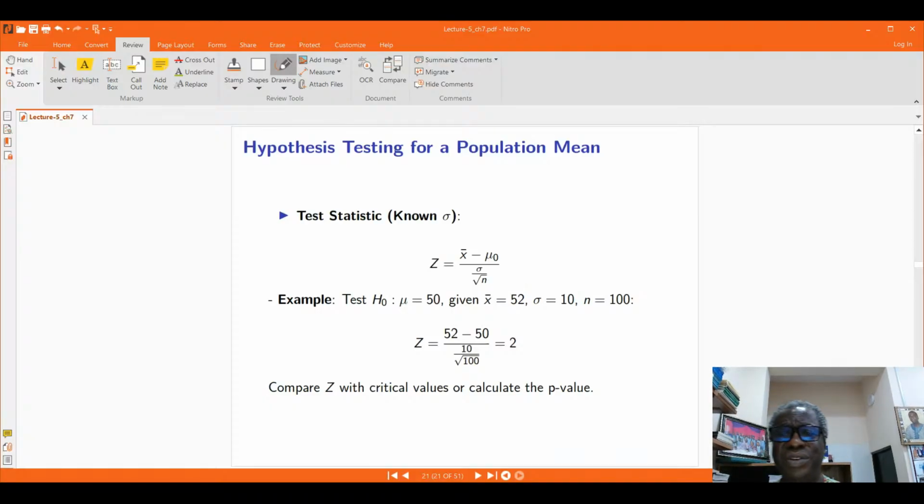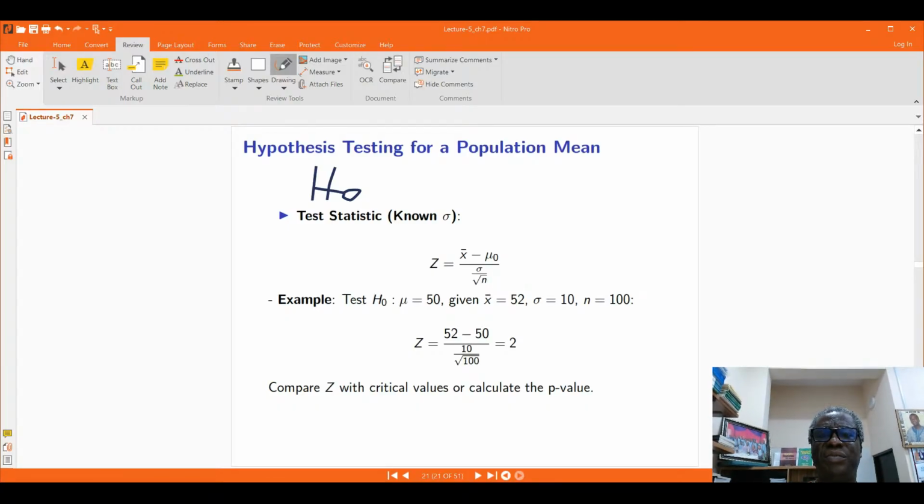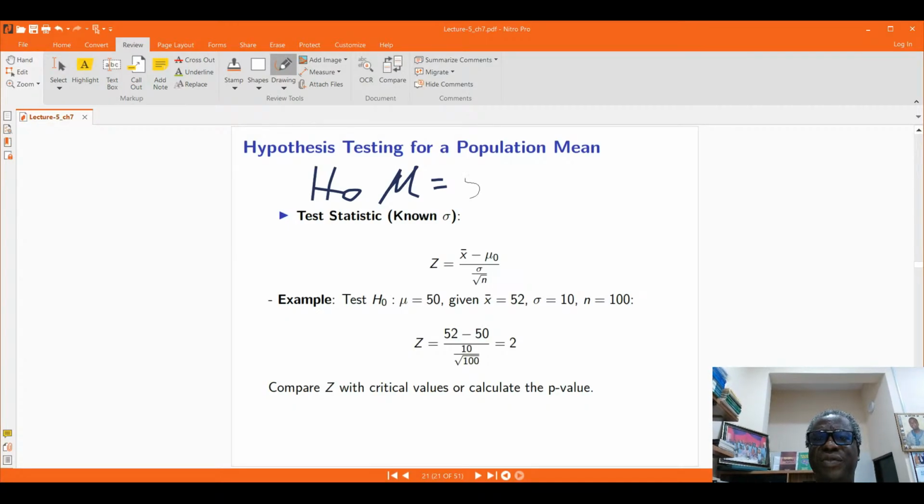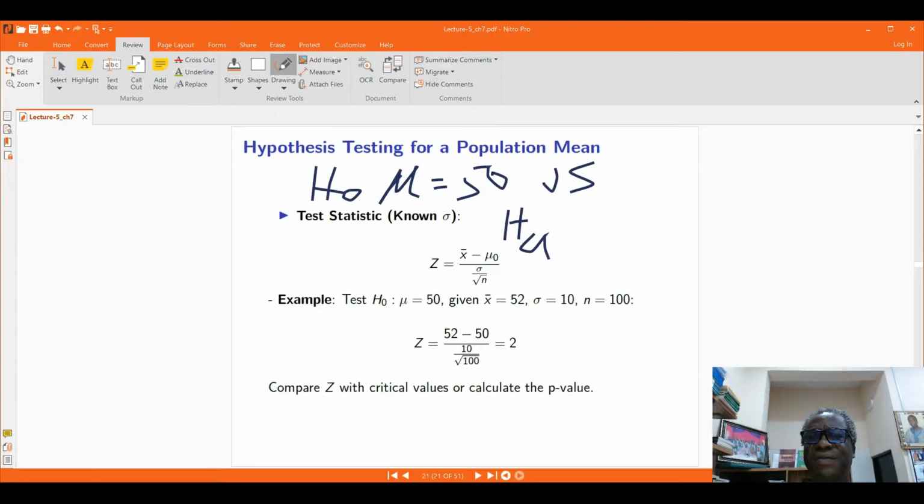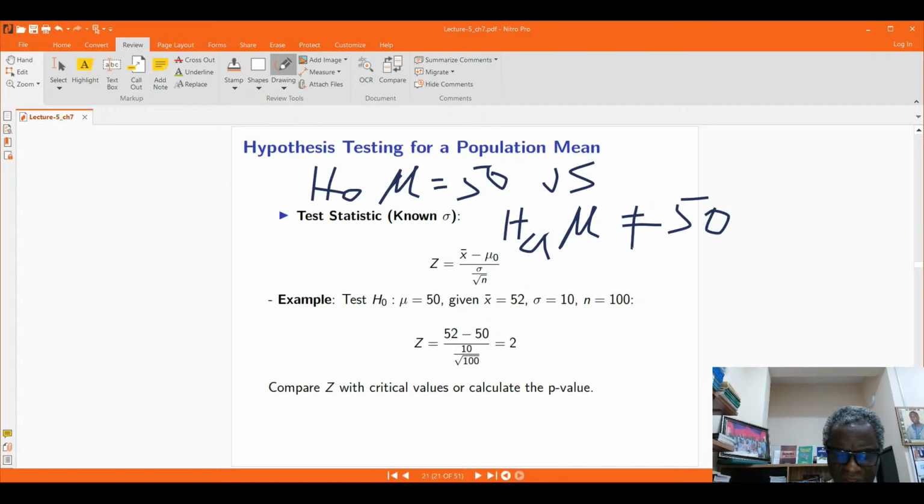We will come to the proportion later. So in this particular example, we are testing for the population mean, and we are saying that H naught, the population mean, is equal to 50, versus the alternative, that the population mean is not equal to 50. That is the hypothesis we are testing.